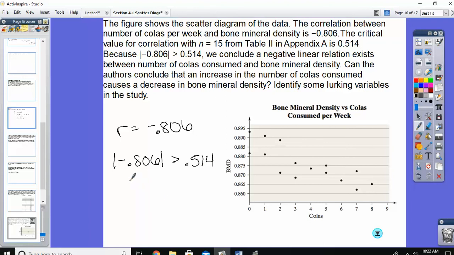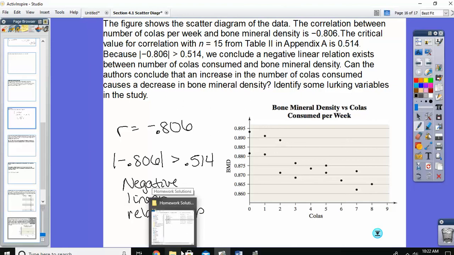Is it positive or negative? Negative. R was negative, so there is a negative linear relationship here. Okay, so I can conclude that the number of sodas you drink per week and your bone density are related.